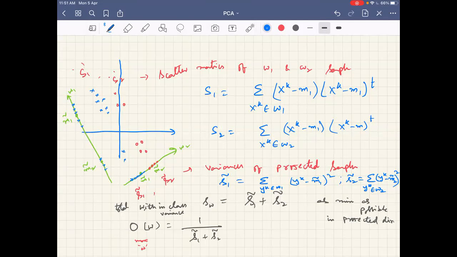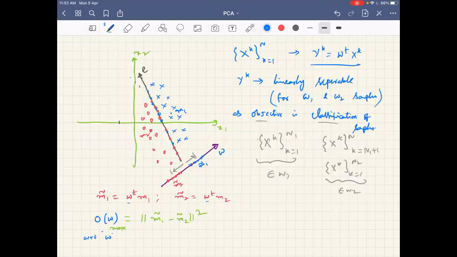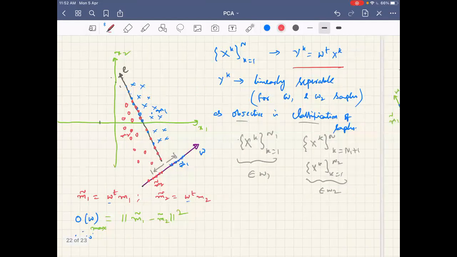So S1 tilde is the variance of projected samples. What are the projected samples? They are Yk. How are Yk and Xk related? Yk is equal to W transpose Xk. M1 tilde is the projected mean.